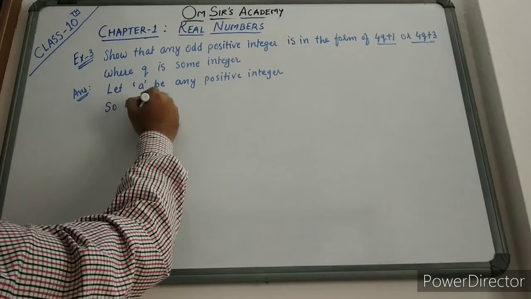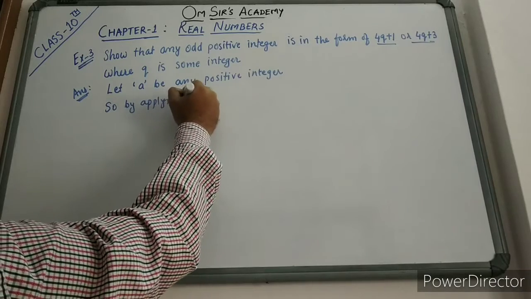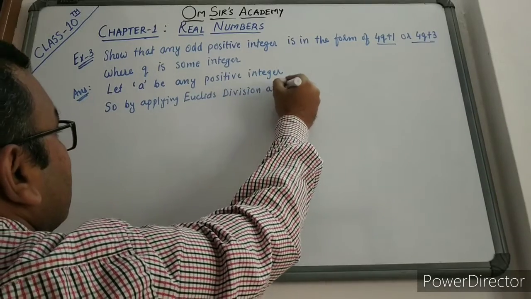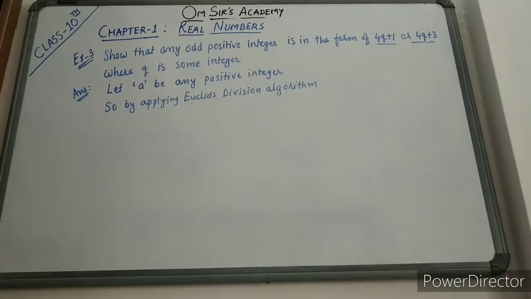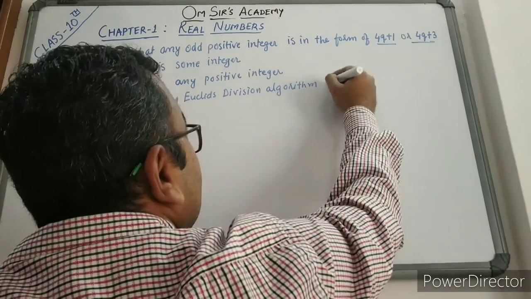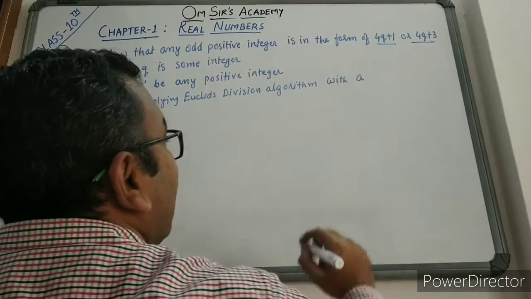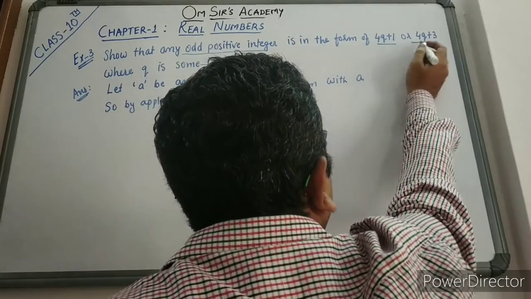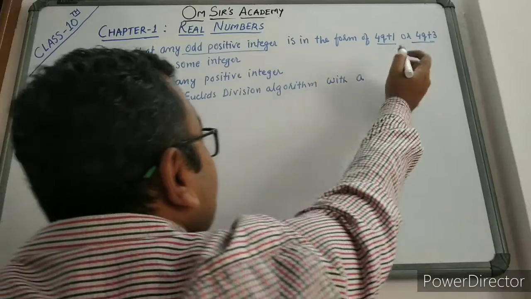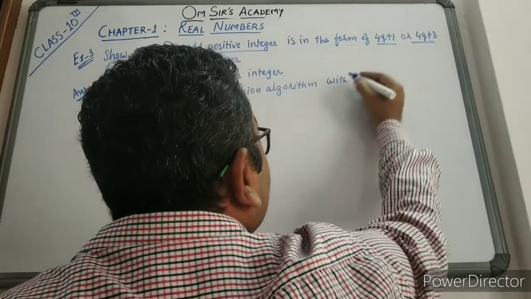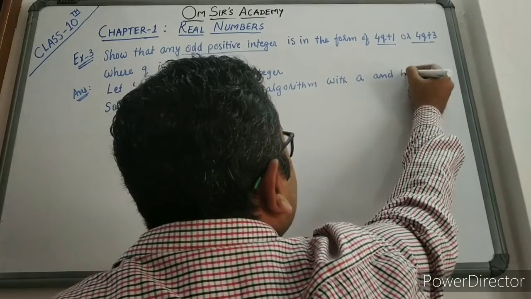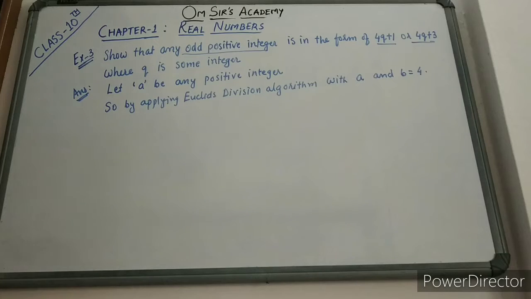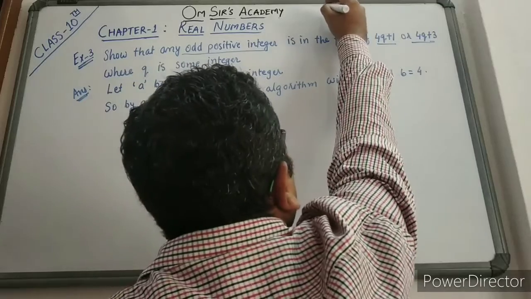By applying Euclid's division algorithm, we get a as a, and in the question we have to prove that any odd positive integer is in the form of 4q plus 1 and 4q plus 3. So here b will be equal to 4.